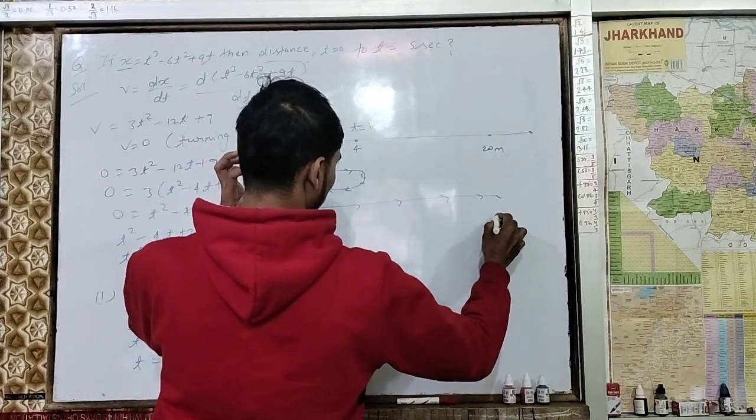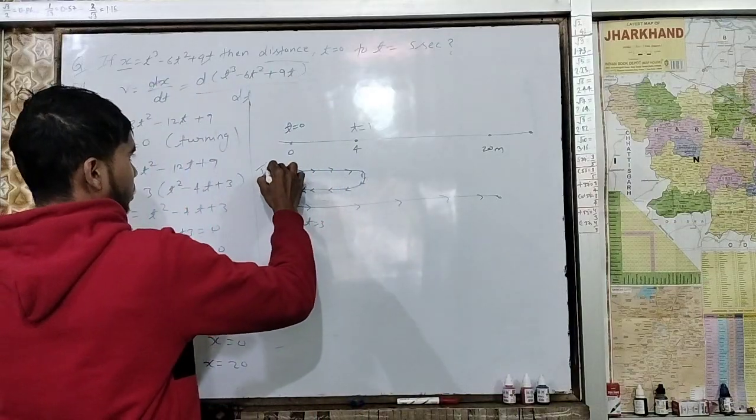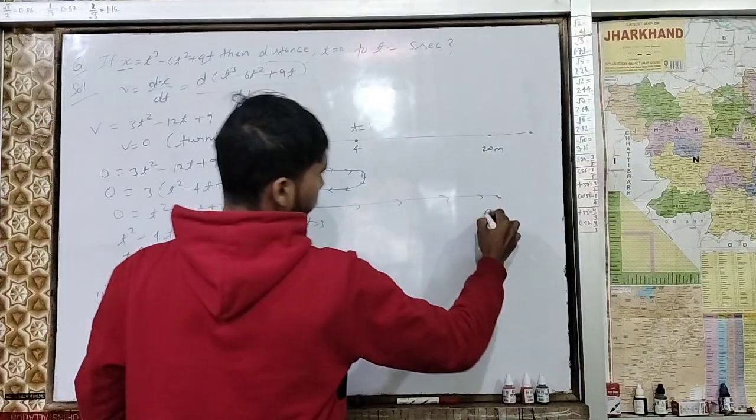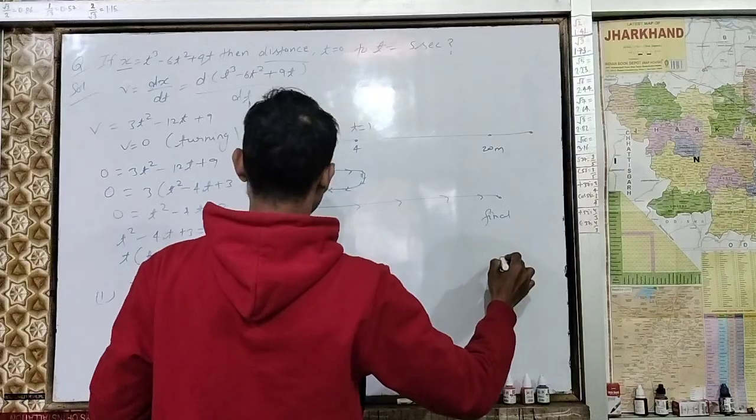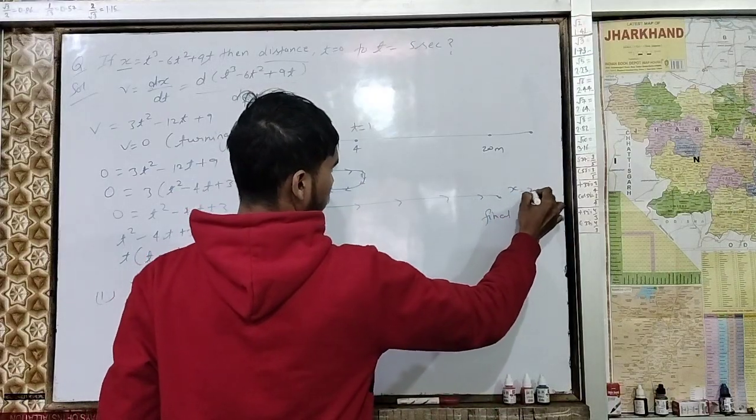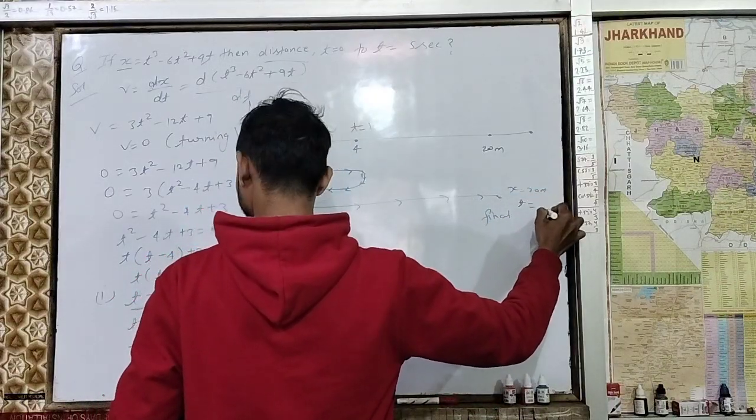This was our initial, and it is our final, where x is 20 and t is 5.